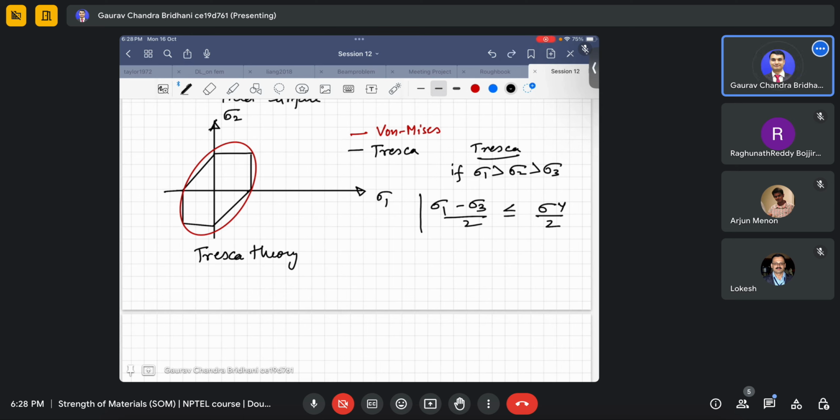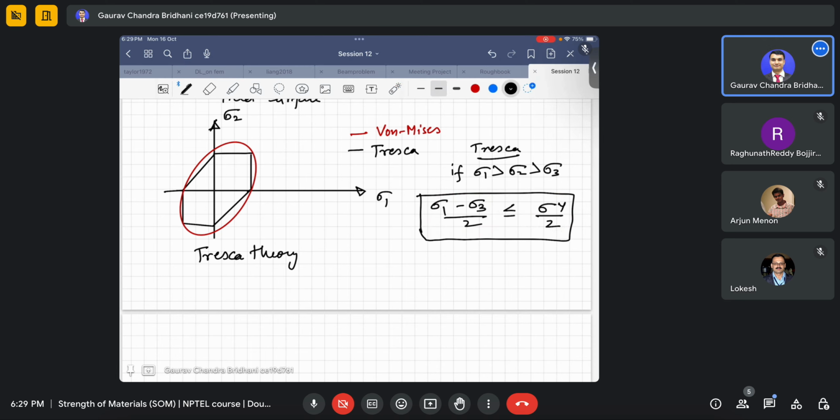This is my statement for the Tresca theory, for failure to be avoided: (sigma 1 minus sigma 3) by 2 should be less than sigma y by 2.